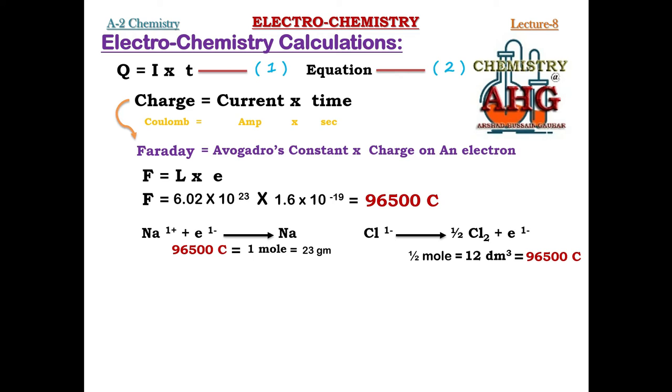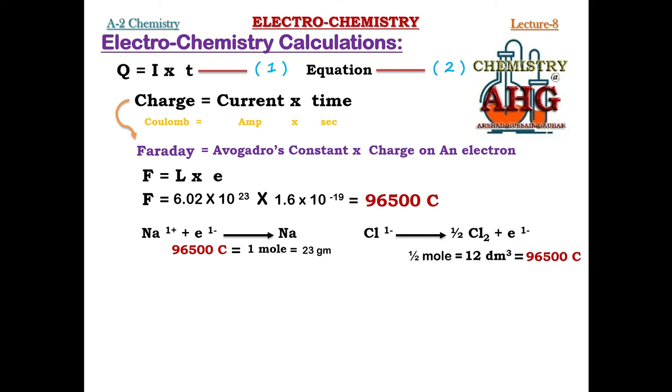But remember, the sequence of steps can be different. If in a numerical problem, you can see in the formula there are three variables. Out of the three variables, if two variables have been given to you in a question, you will start from step 1, and after doing step 1 you will go on to the second step by writing the balanced chemical equation.